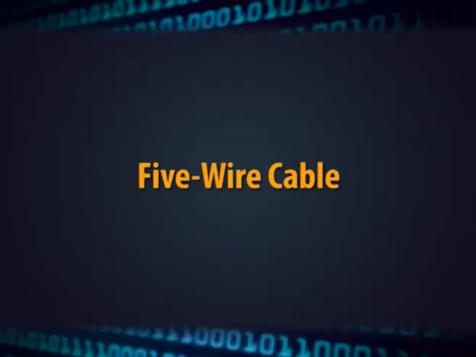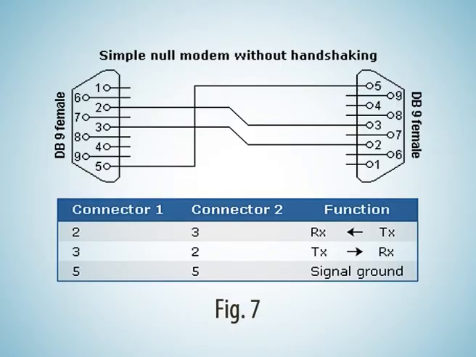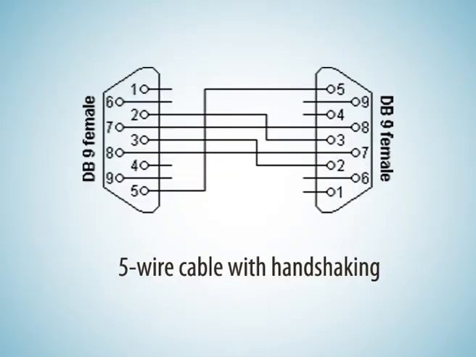2. 5-wire cable. This uses 3 wires or connections shown in figure. In addition, it uses 2 pairs of CTS RTS as follows. CTS output of computer pin 8 is connected to RTS input of device pin 7 and vice versa.